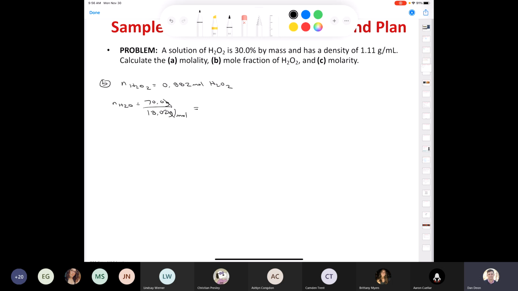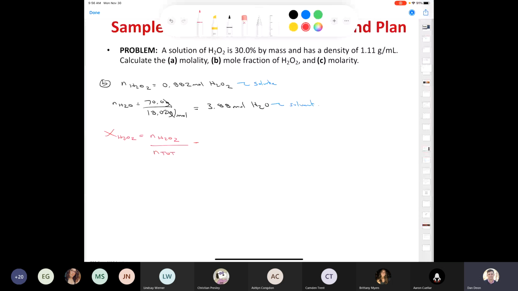Grams cancel, and I end up with the number of moles of water as being 3.88 moles of H2O. So now I have the number of moles of solute and the number of moles of my solvent. If I want to figure out the mole fraction of H2O2, it is equal to the number of moles of H2O2 divided by the total number of moles.